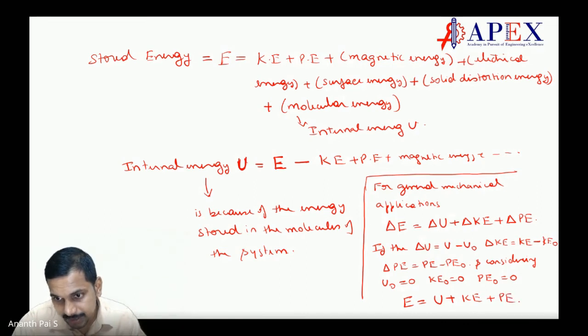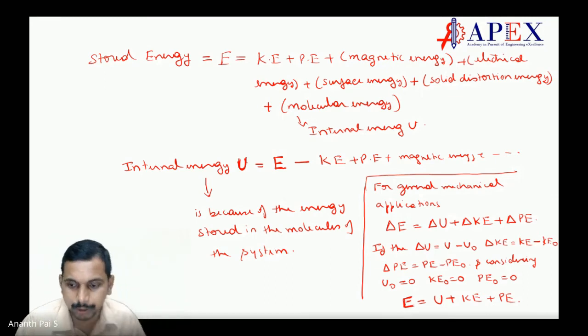Make sense? Stored energy E is equal to U plus kinetic energy plus potential energy. Make sense?